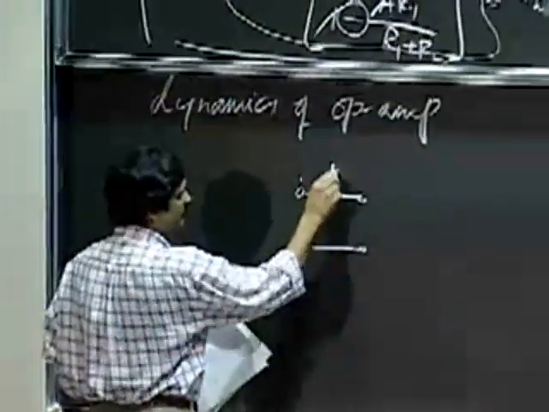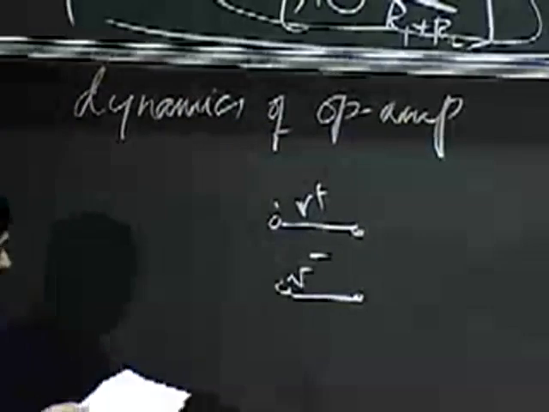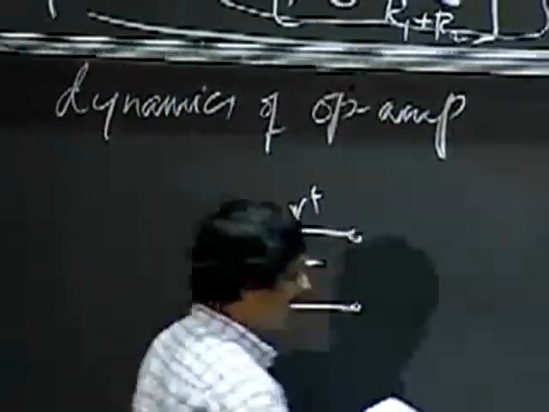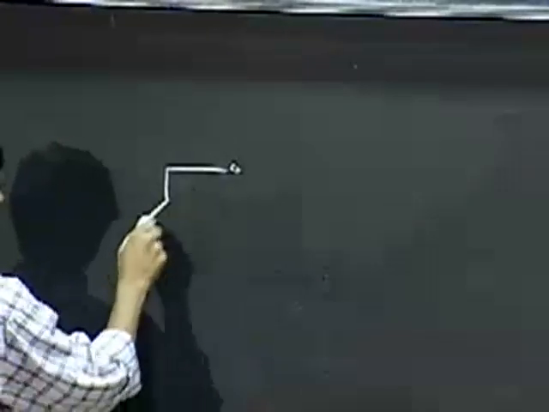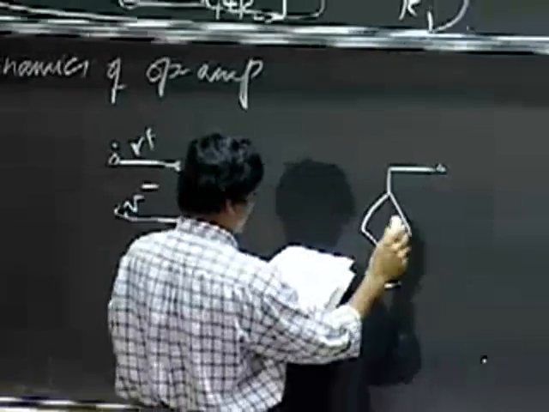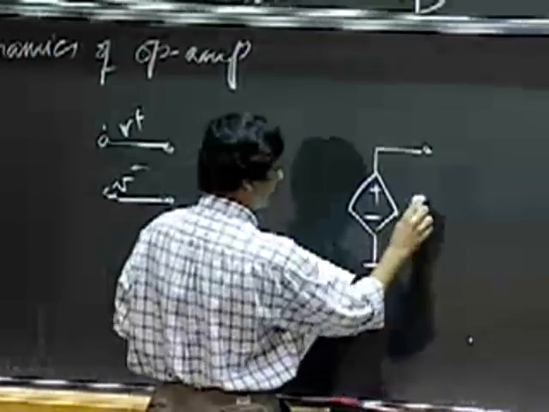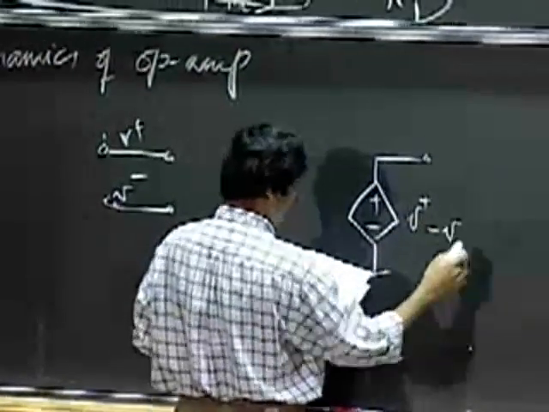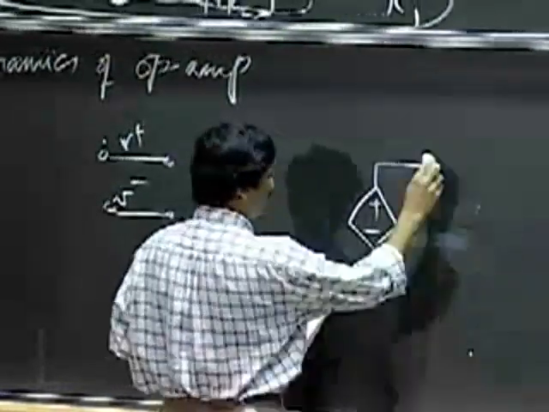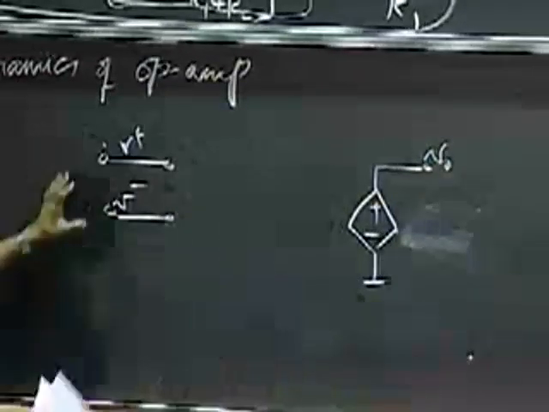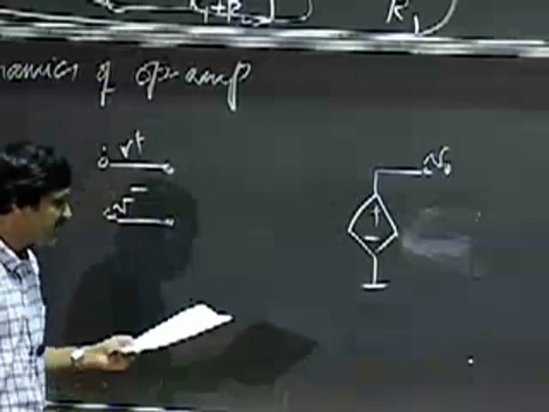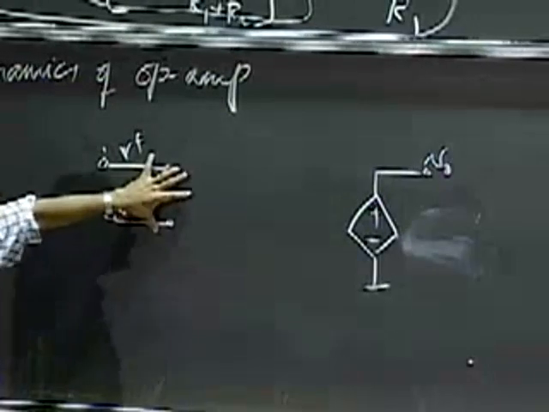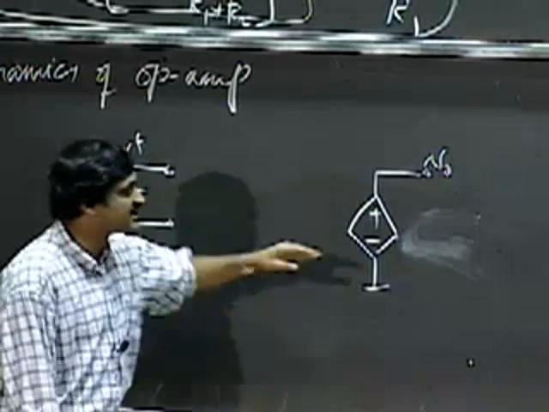So V plus and V minus. Okay, so this is what we've seen before, two terminals and a dependent source that amplifies the difference input here by a large amount.